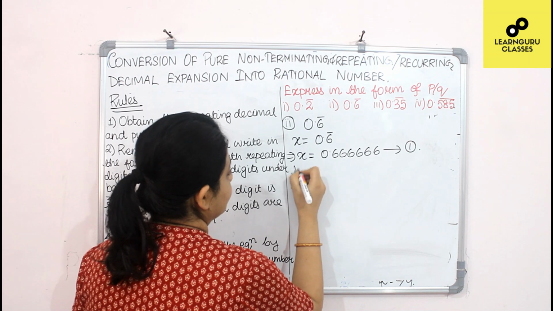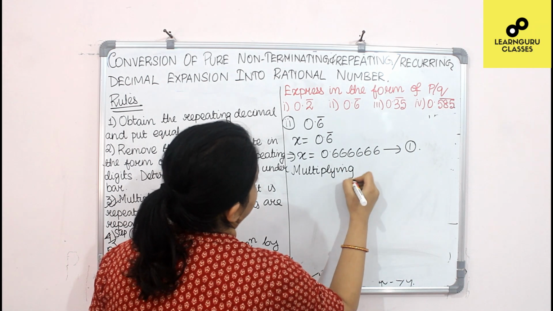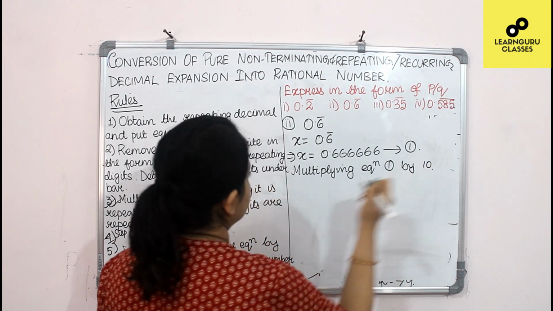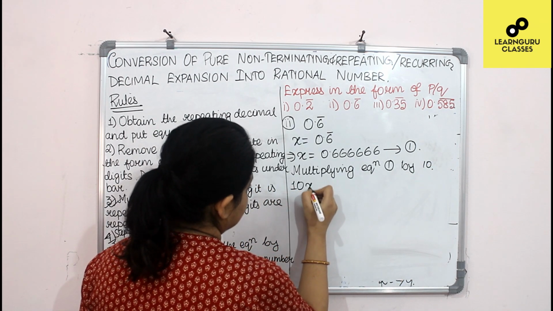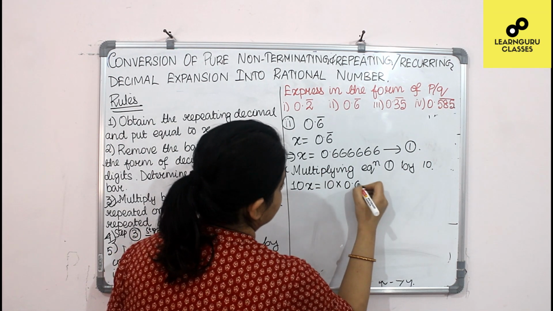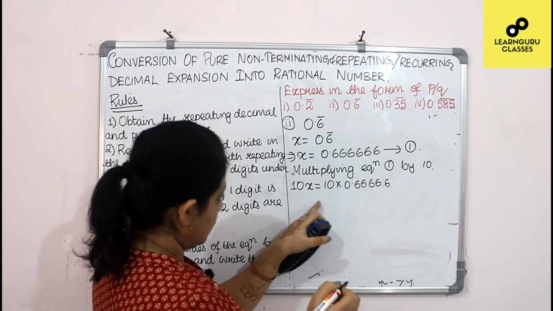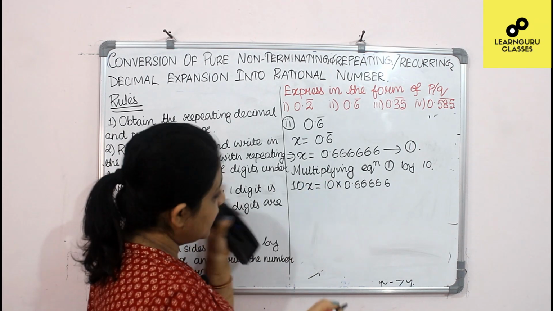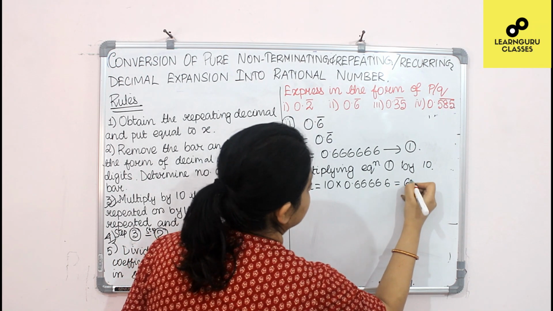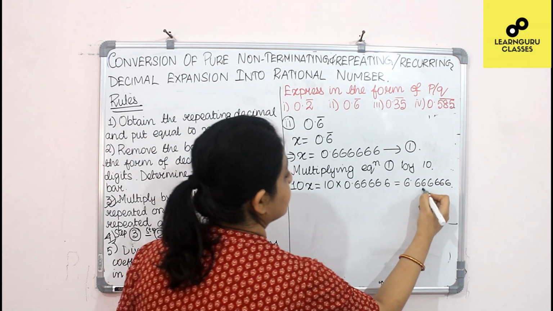Multiplying equation 1 by 10, what do you have? 10x, and 10 into 0.666666. One digit, that is 6, will be shifted before the decimal. So we can write it as 6.666666. Okay, so this is equation 2.